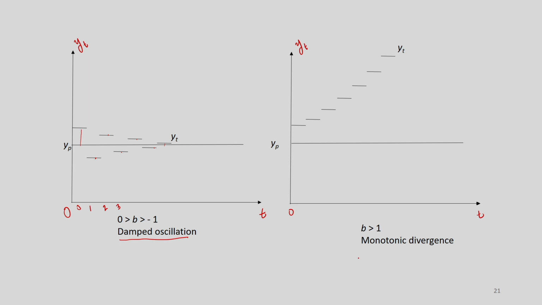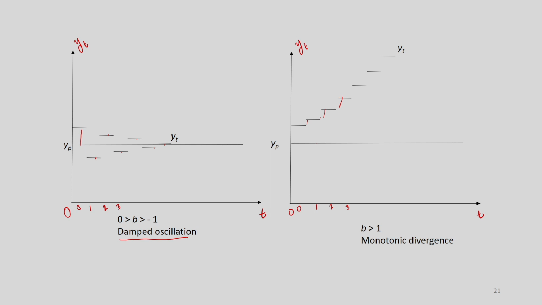And the second case is a case of monotonic divergence. Here you have explosive movement of y t; it goes away. You are starting from 0, in period 1 y t is farther away from y p, in period 2 it goes even farther away, in period 3 the gap rises, and as you can see the gaps between the successive y t's are rising.